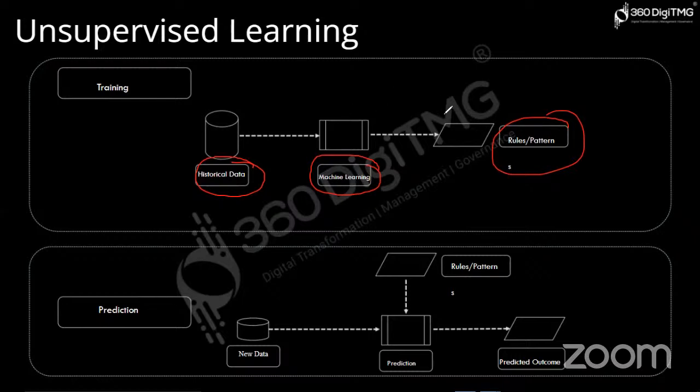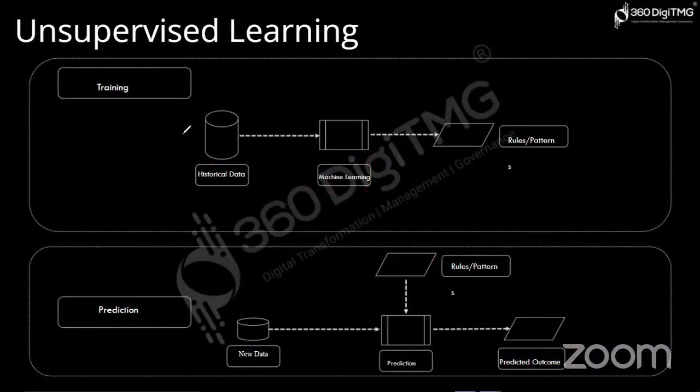We are not going to have output data here, only input data. The same rules and patterns will be applied on new data, and we will be looking for the predicted outcome here.